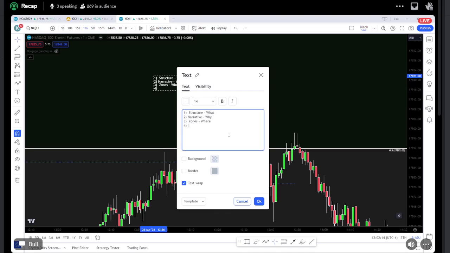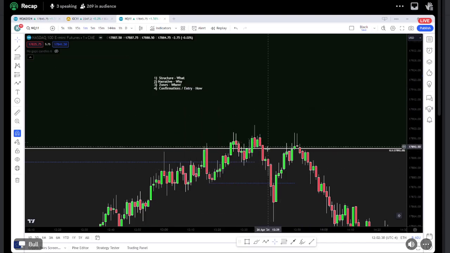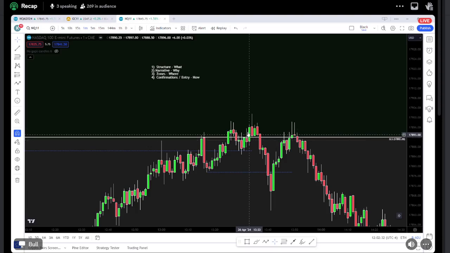And then actually least importance is your confirmations or your entry model. And what that's telling you is how do we engage with price, right? So, for example, you might like this failed high here, and now you're seeing a bit of a flip, and that's your one kick.